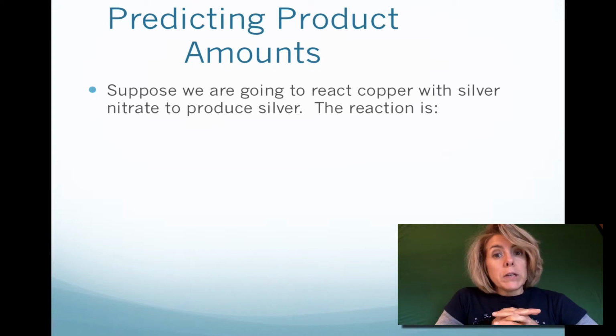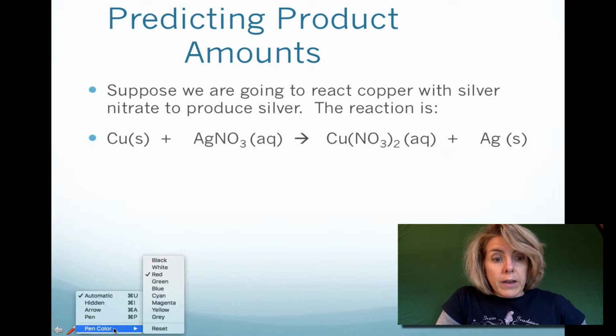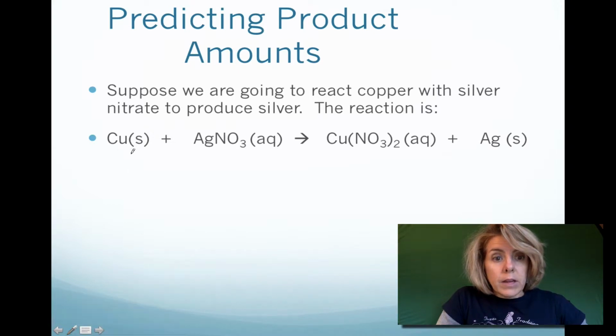For chemistry, we could say if we had copper and we wanted to use silver nitrate to generate some silver, let's look at the following equation. Once again, notice that with these reactants and products, we have to say what state each is in.